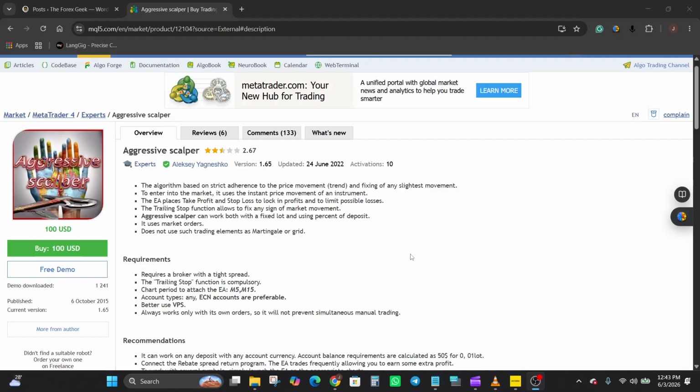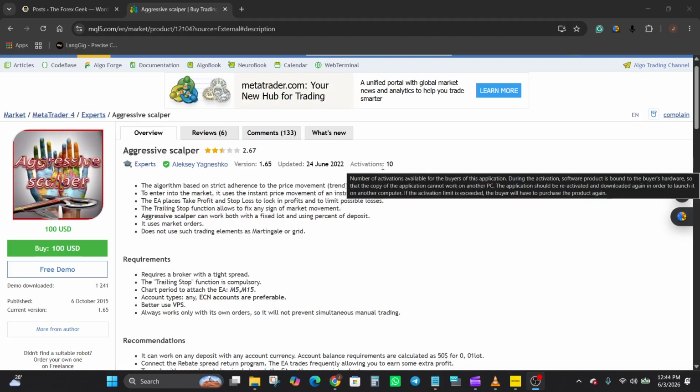So starting with the overview, this is an MT4 expert advisor developed by Alexei Yagneshko. It's currently priced at 100 US dollars with version 1.65 updated on June 24th, 2022, and it includes 10 activations.